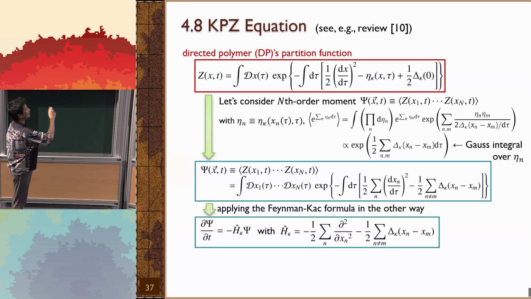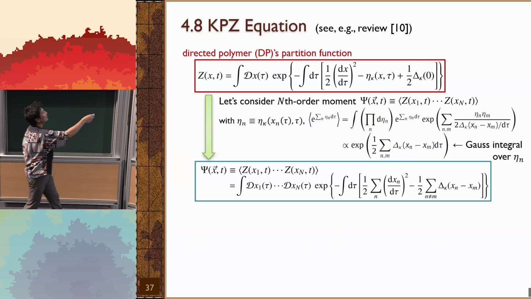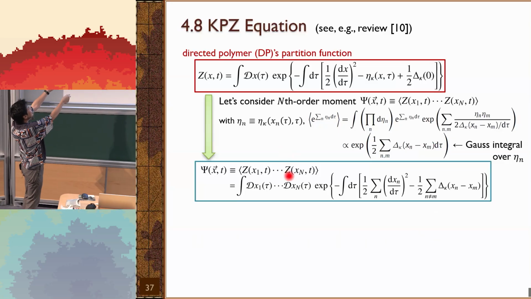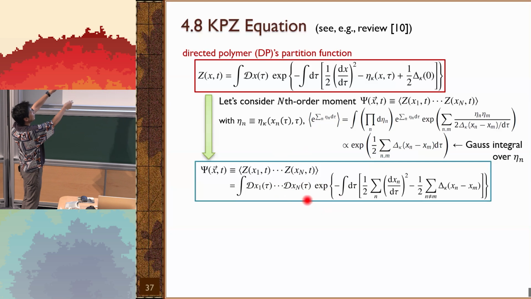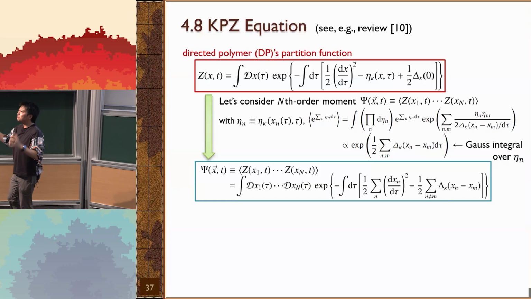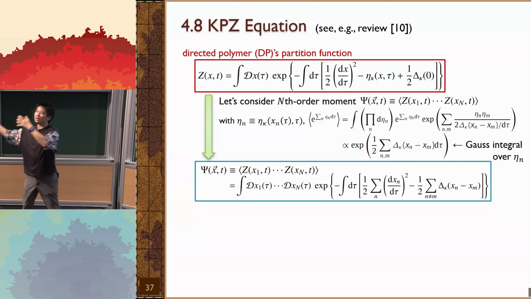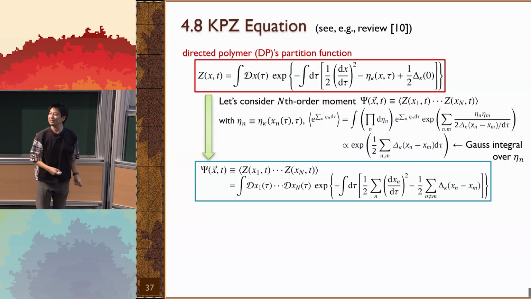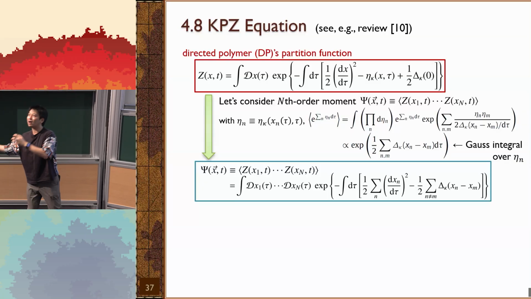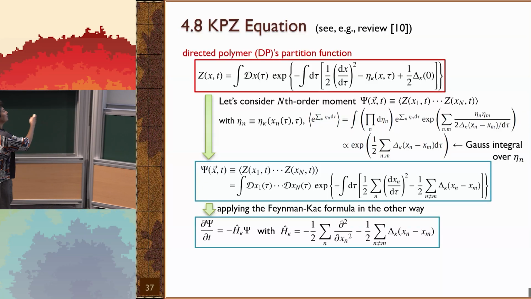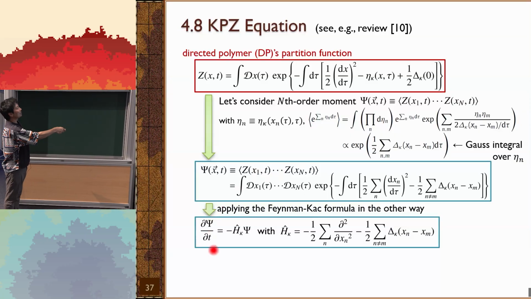So at this point, we get this. It is a little bit complicated, but it's just a path integral. So we can use the Feynman-Kac formula in the inverted way. Now we go from the path integral to the Schrödinger-like equation, and we get this. The Hamiltonian here looks like this.